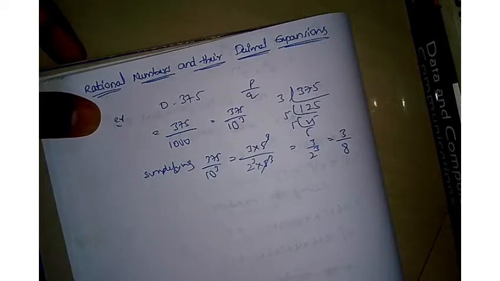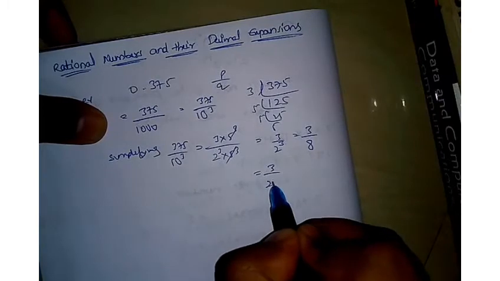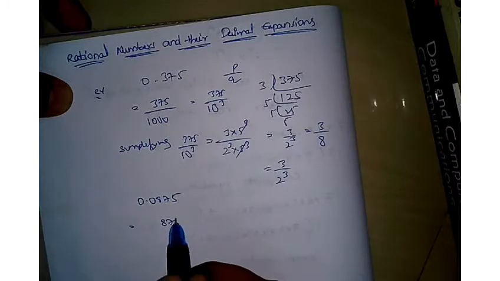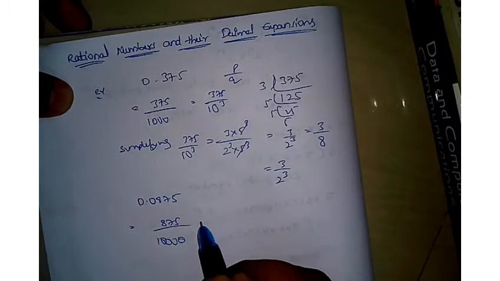So what you have here is 3 by 2 cube. Let's see one more example. One more example is 0.0875. This can be written as 875 by 10000.